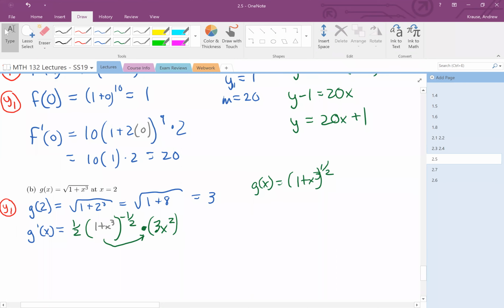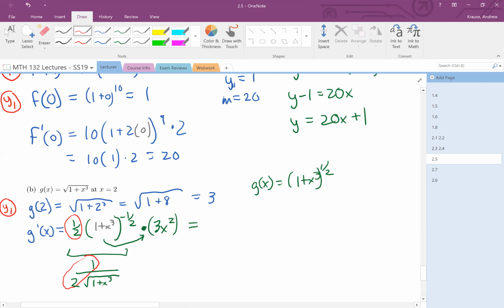And you don't ever need to simplify, but since I'm going to need to do this calculation to get the number, I am going to simplify just a little bit. And the main thing that I'm trying to simplify is this part of the expression. This ends up being 1 over 2 square root of 1 plus x cubed. Okay. So the 1/2 is that 1/2.